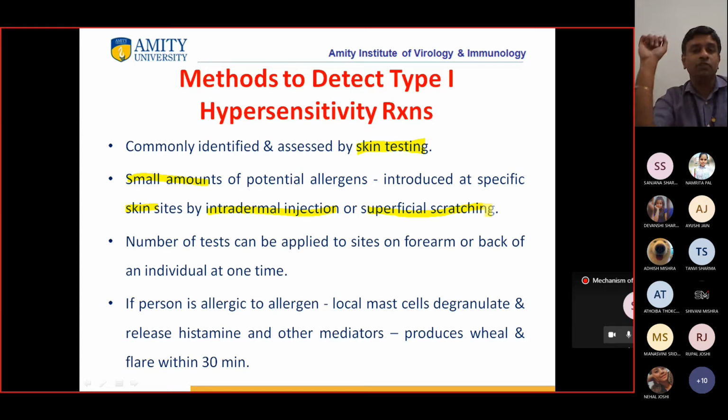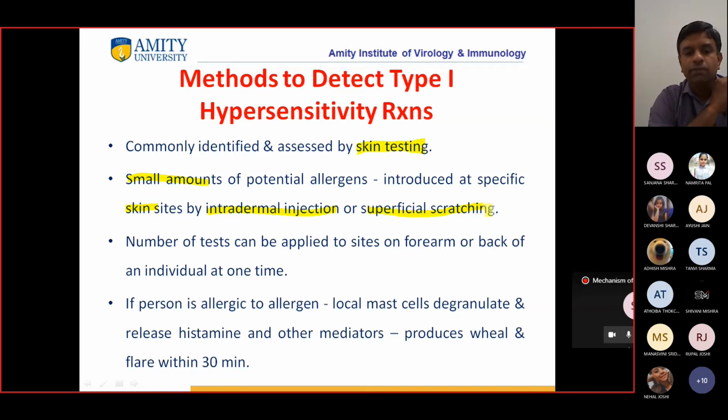If you remember the very first picture I showed you, a lot of allergens were injected intradermally on the forearm. Or if you want to test more, you can use the back of an individual at one time. So एक बार में you can screen out a lot of allergens.